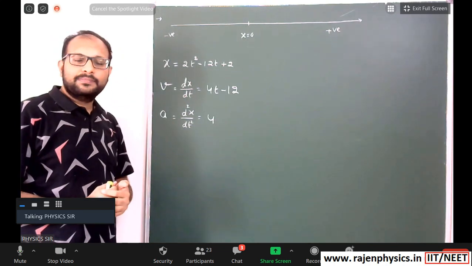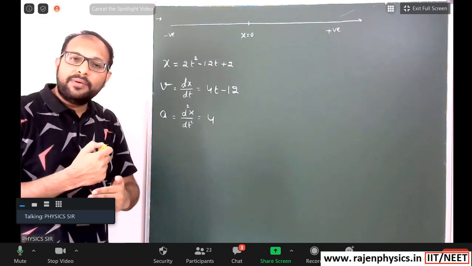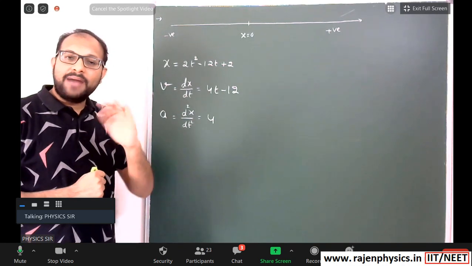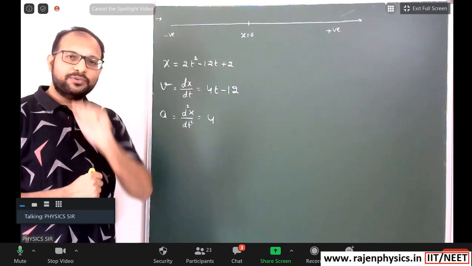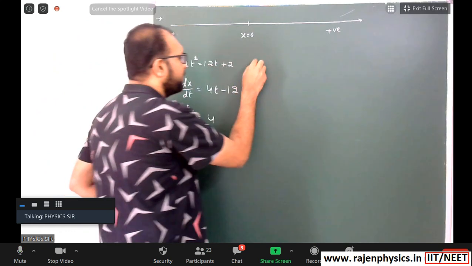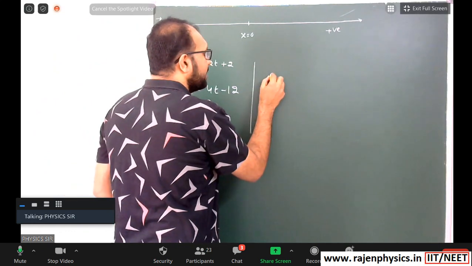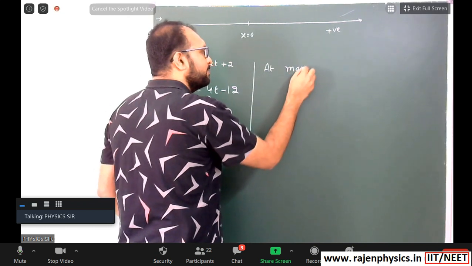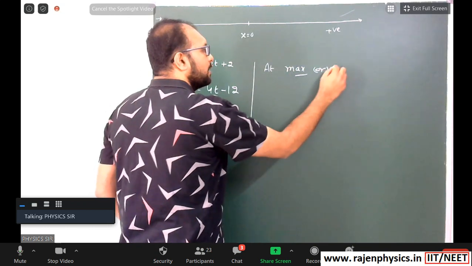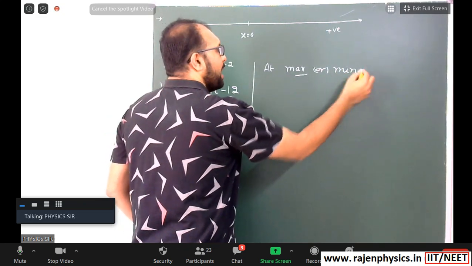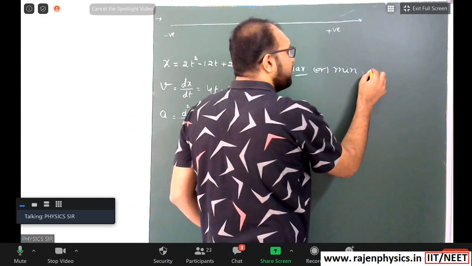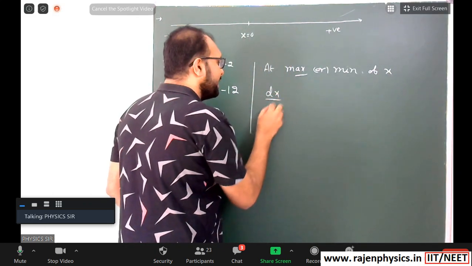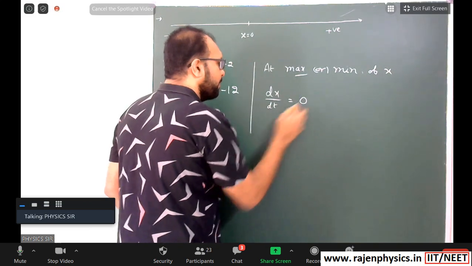Now for this x, we need to find the maximum value and minimum value. Either at a maximum or at a minimum, the first derivative is 0. So at the maximum or minimum value of x, dx by dt should be 0.